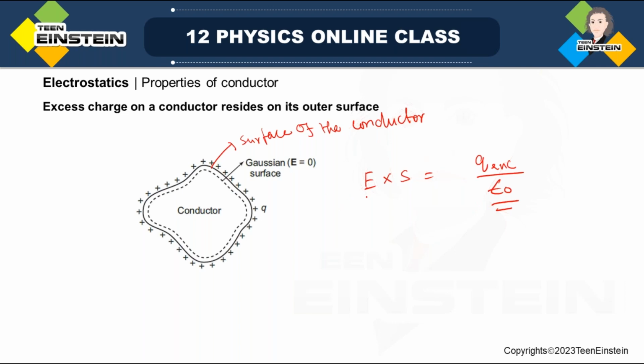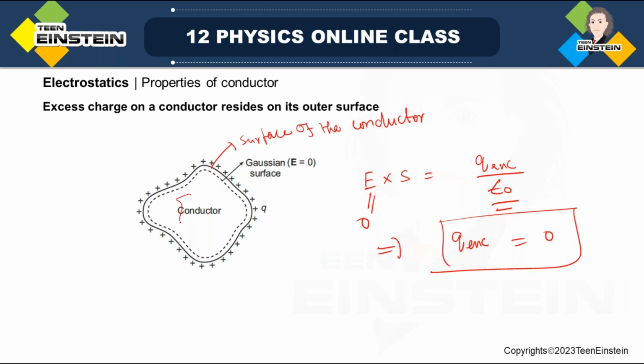Now inside the conductor the electric field is zero. So this implies that Q enclosed by the Gaussian surface is zero, right? This Gaussian surface is arbitrary.